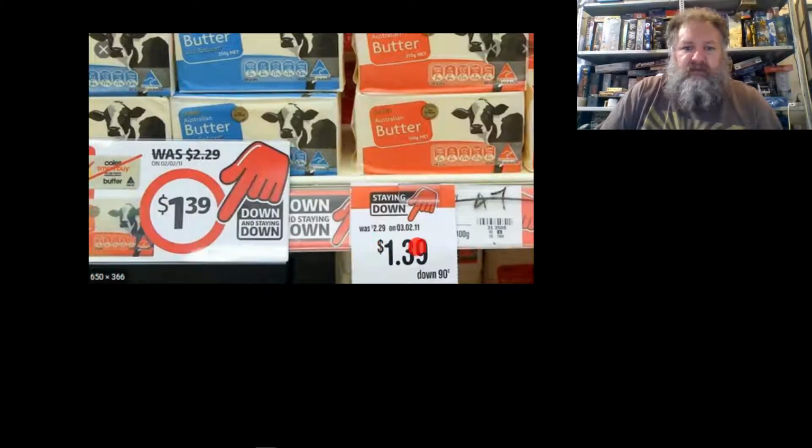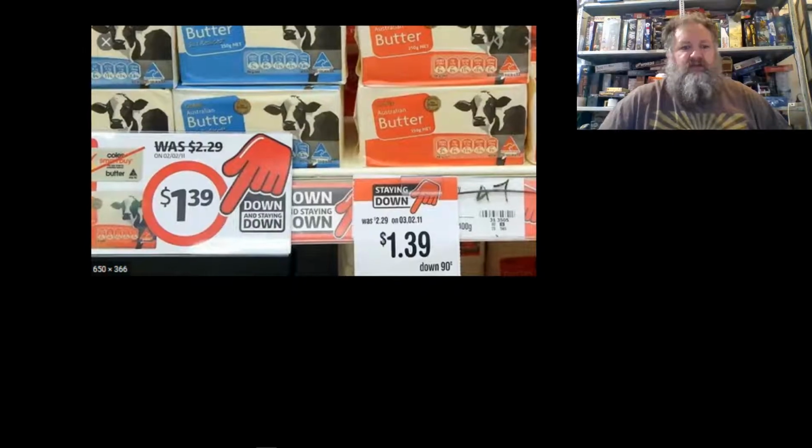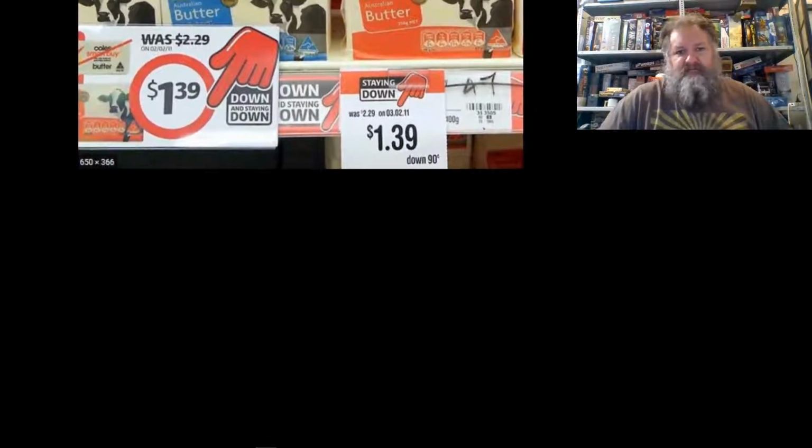Same over here, $1.39 now, down 90 cents. But see over here, where this sticker is stuck over the top, is the unitary price. We don't know what the unitary price of the butter was to begin with. But that's something that we can actually figure out. We can determine what that unitary price was. So let's do that.